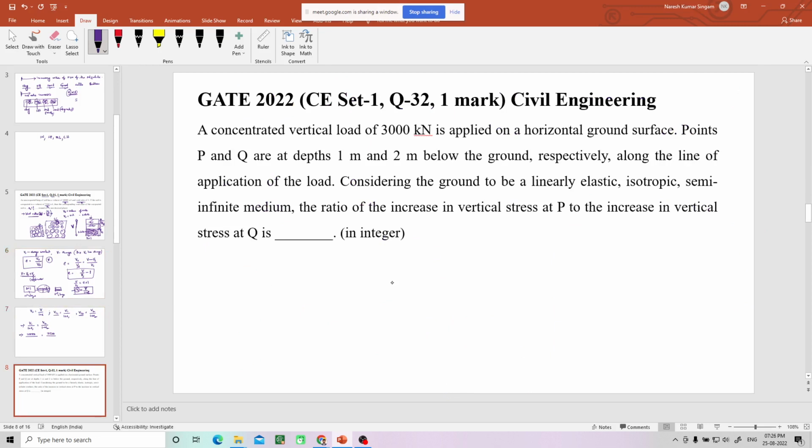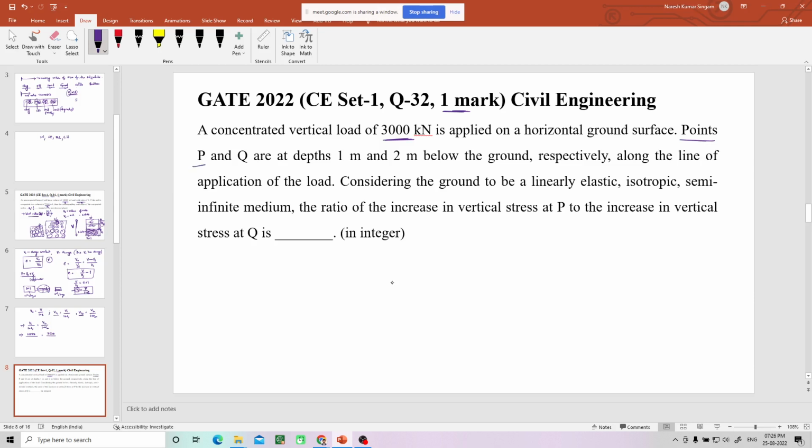Let me read this first. This is question number 32 in the set 1 paper of GATE, a 1 mark question. A concentrated vertical load of 3000 kilonewton is applied on a horizontal ground surface.